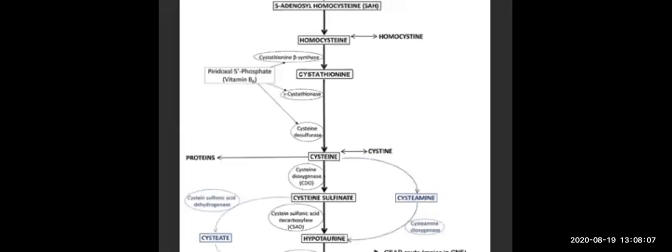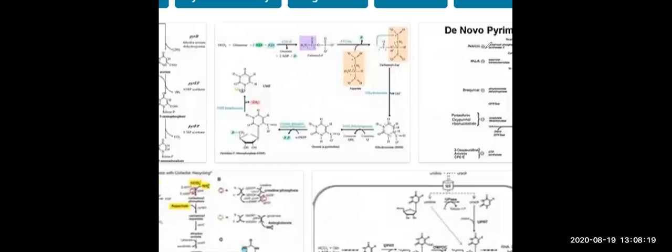If there is a more clear picture. Sorry people, we have to stick focused on this picture because it's very difficult to find this de novo synthesis.